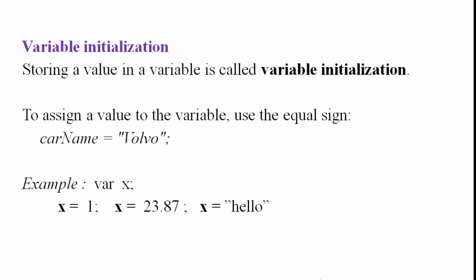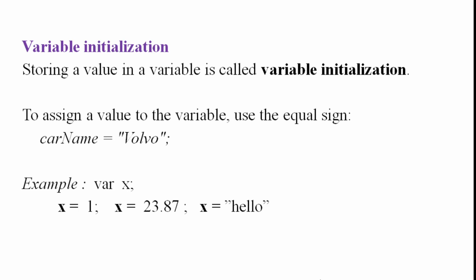Here I have taken a variable name carName equals Volvo. Here the value is Volvo and the variable is carName. Before assigning a value to this variable, we have to declare it, or else directly we can write var carName equals Volvo.